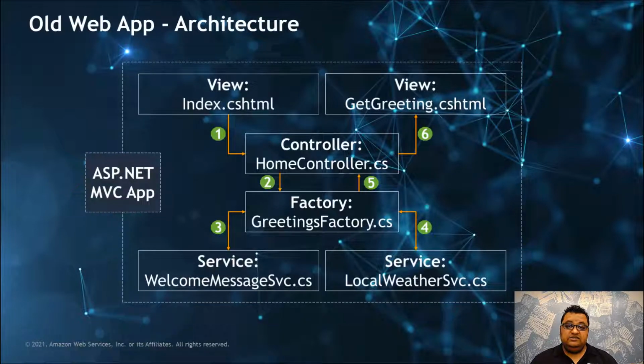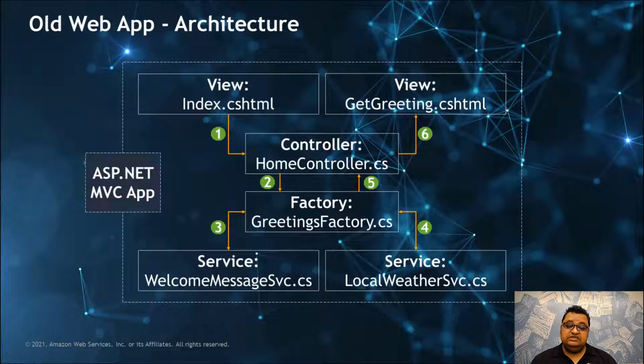The code behind the scene is pretty straightforward. So we have an index view where the text box and the submit button live. And then when the submit button is hit, a post operation occurs against the home controller, which accepts the post operation in a get greetings method, and then goes ahead and instantiates and invokes a greetings factory class. That greetings factory class then does two things.